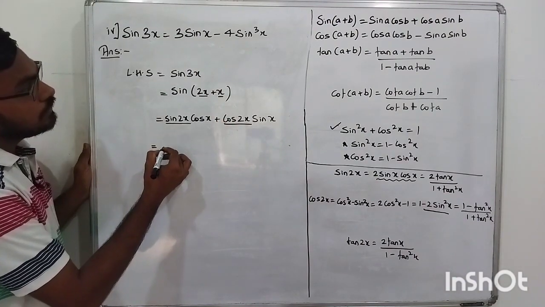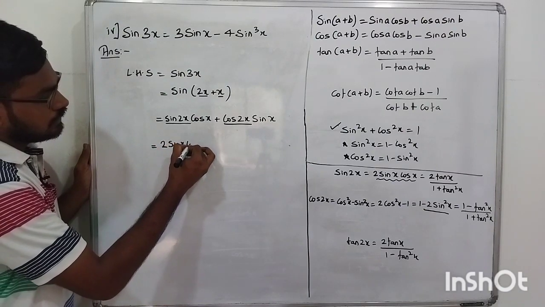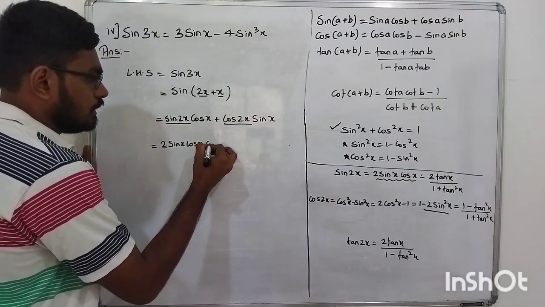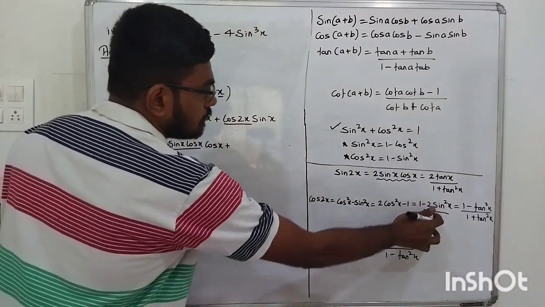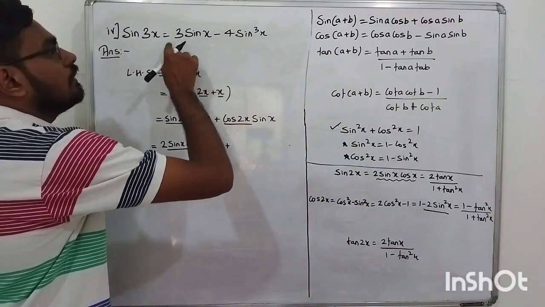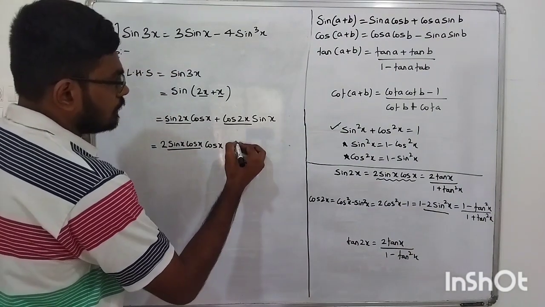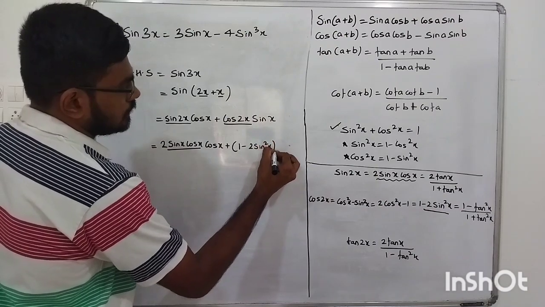So in place of sin 2x, we have 2 sin x cos x, this formula. Okay, and cos x besides it as it is, and in place of cos 2x, I will write this, because see here everywhere we have sin, that's why I am going to use this. Okay, so 1 minus 2 sin square x into sin x.